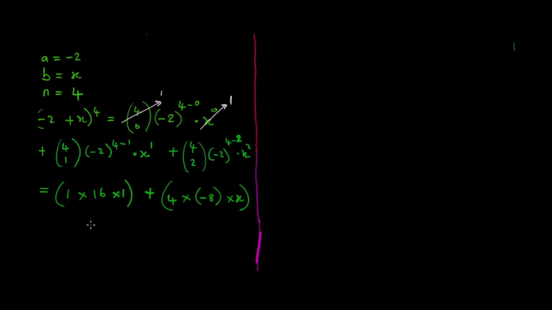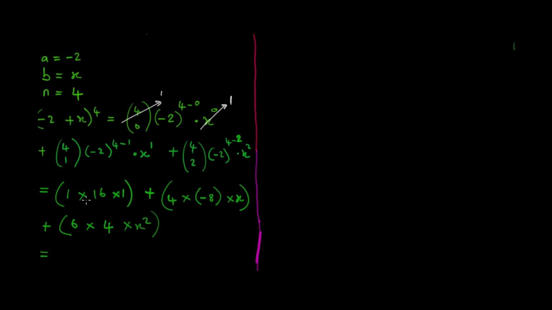Okay, so here we get our third term. What is 4 choose 2? 4 choose 2 is 6, so it's 6 times, then 4 minus 2 is 2, meaning (-2) squared, which comes back to 4, multiplying x squared like that.